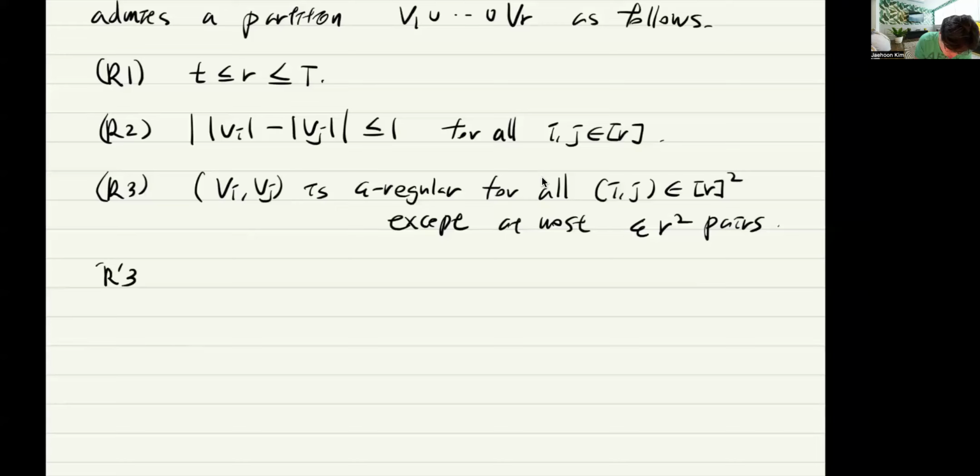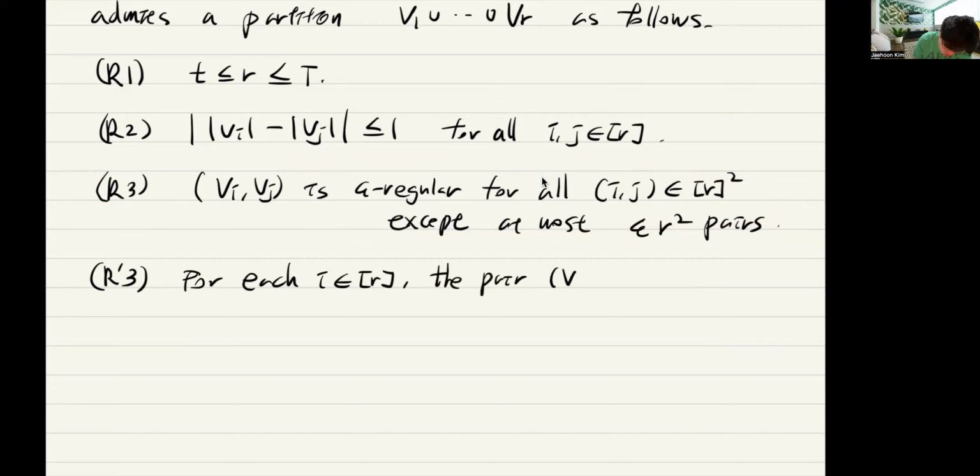And in fact, we can even upgrade this to the following. Instead of just saying that there are at most epsilon r squared such pairs, we can get more local information.